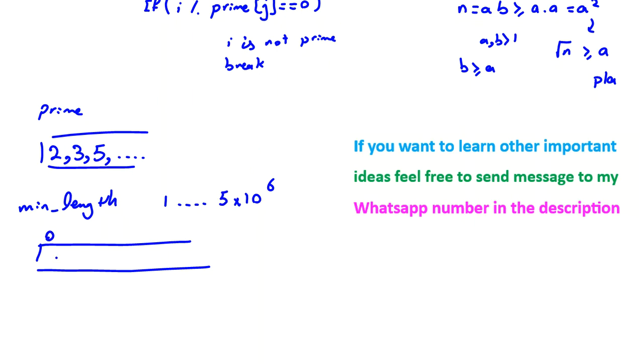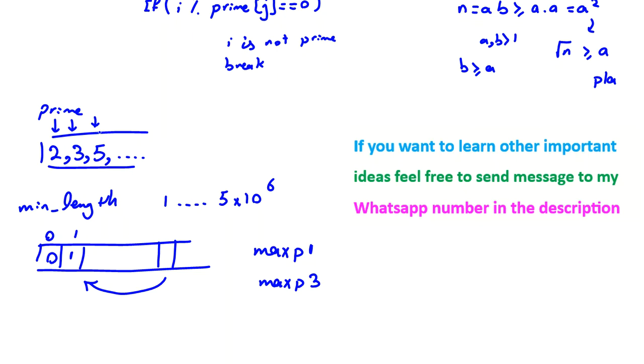For 0 the minimum length is 0, for 1 the minimum length is 1. And like this, when you reach a number and you want to find, for example, the maximum prime, as you continue through these numbers, you should have a pointer on this, and always update the maximum prime that is 1 mod 4k plus 3, the maximum prime that has 3 mod 4k plus 3.